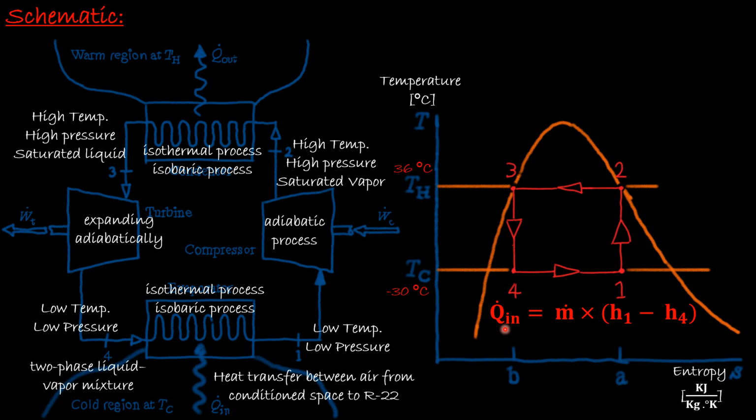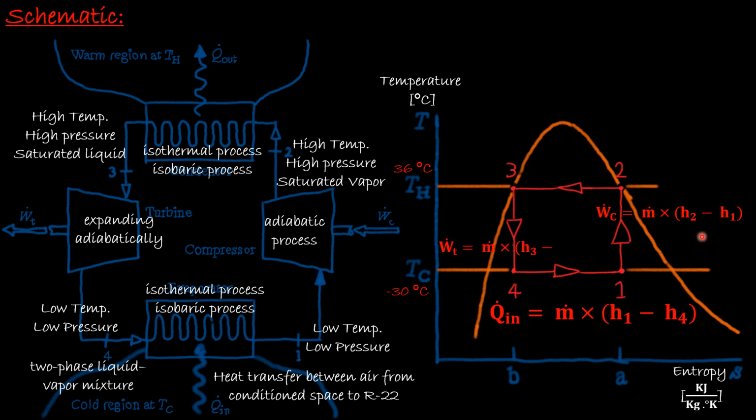When you do the mass and energy rate balance for a control volume, it will reduce to this equation, but that's another topic. And for the net power, we have the compressor. As you can see in here, we have input power. So we will use the same equation, the mass flow rate times the difference in specific enthalpy, the high specific enthalpy minus the low specific enthalpy.